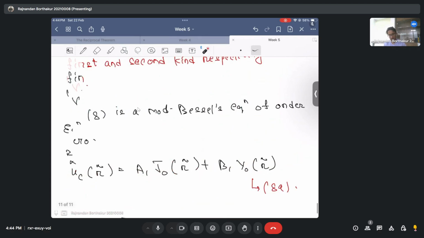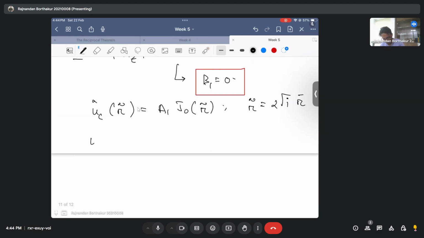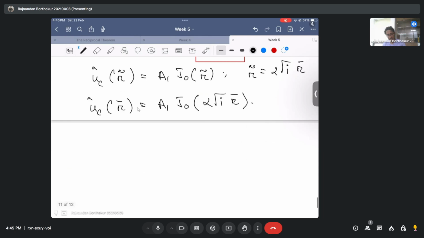So if I now go back to my original variable, my UC hat of r bar is just A1 times J0 of alpha root I times r bar. Okay, that's the complementary solution. So the total solution u hat, which is u hat of r bar, is the sum of the complementary solution plus the particular integral.